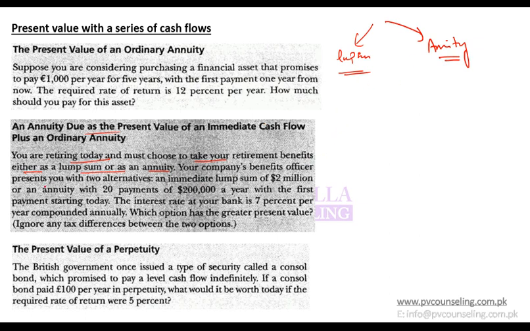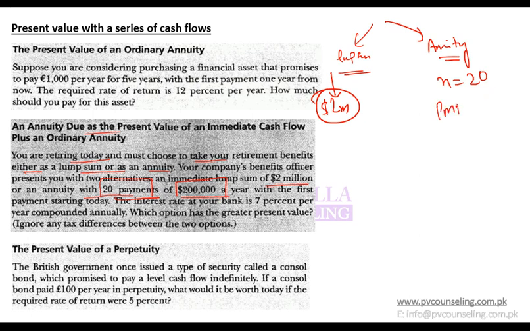Your company's benefits officer presents you with two alternatives: an immediate lump sum of $2 million or an annuity with 20 payments. So he says either take $2 million or take an annuity, and that annuity has 20 payments of 200,000 a year.